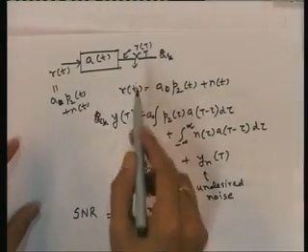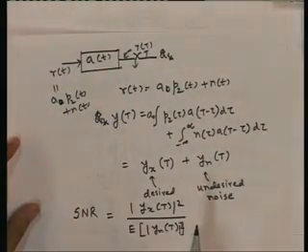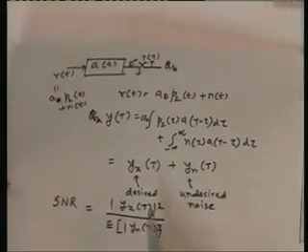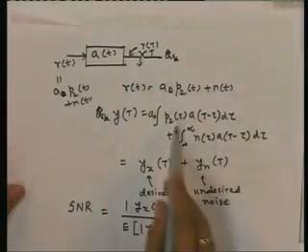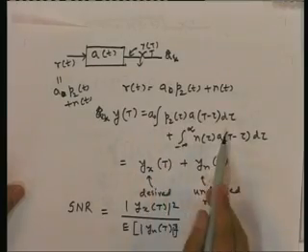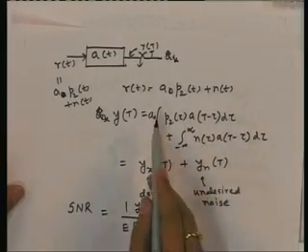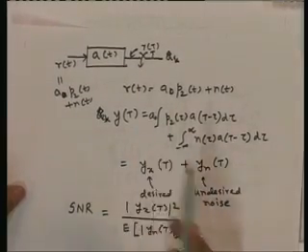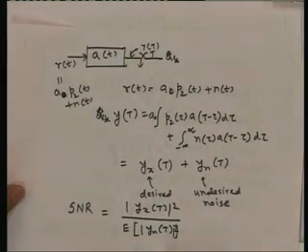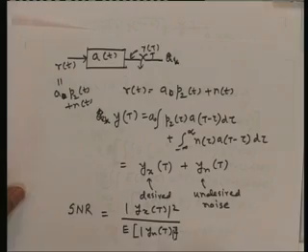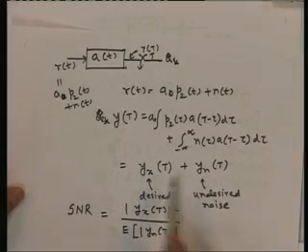Then we are passing that received signal through the filter and sampling at capital T. The output is sampled at capital T. We have seen that the output sample has two parts. One is signal part, one is noise part. If the noise part is not there, we can exactly estimate A naught. But if the noise part is there, it will not give us exact estimate. It will have some noise. So we want to minimize that.